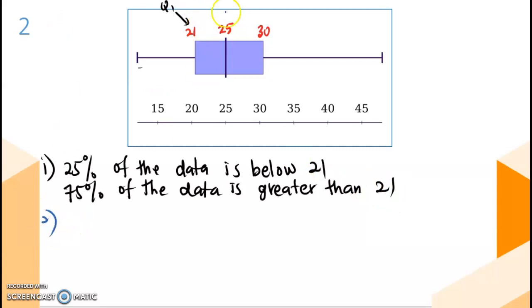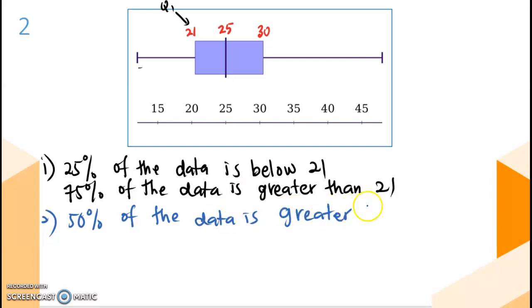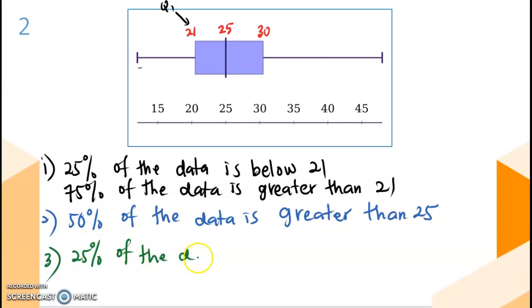Number 2, let's say we use Q2 or median. 50% of the data is greater than 25, or we can say below 25. Okay, number 3, we have Q3, so 30. 25% of the data is below.